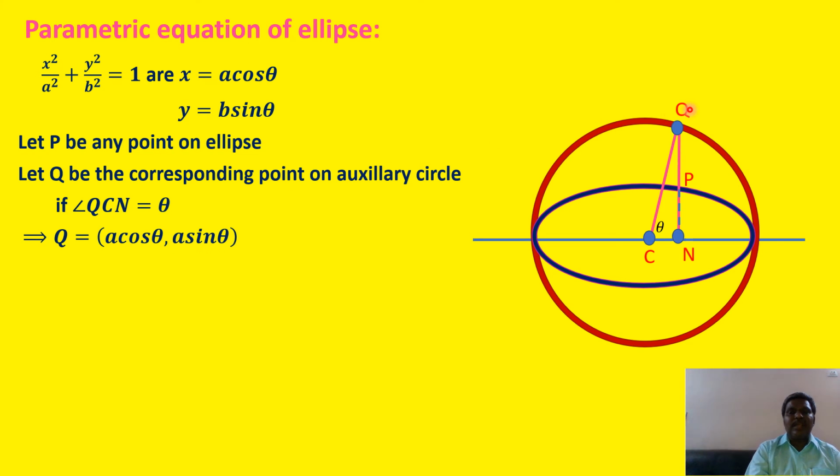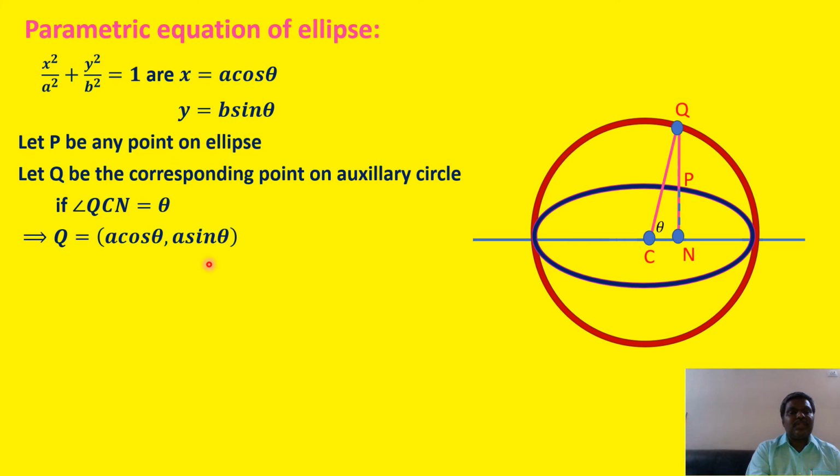With the help of Q, can I find the coordinates of P or not? This is the ordinate. On the ordinate, which one is constant? The x coordinate is constant, a cos theta is fixed. So this is a line parallel to the y-axis. Then the x coordinate is fixed. So the x coordinate of P is a cos theta.